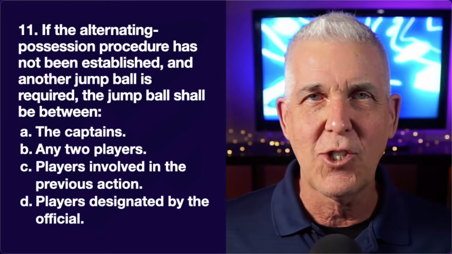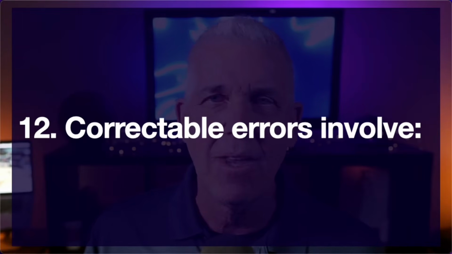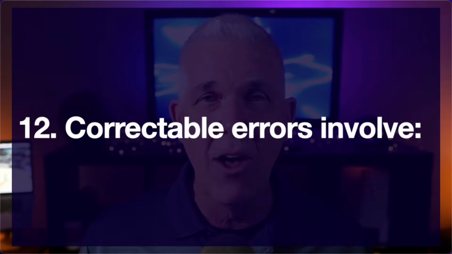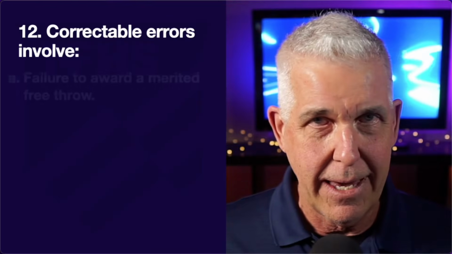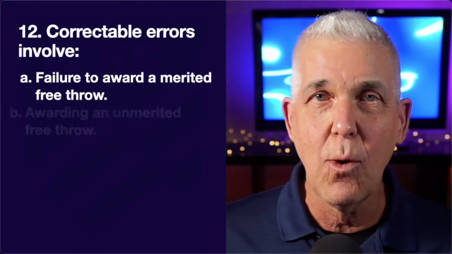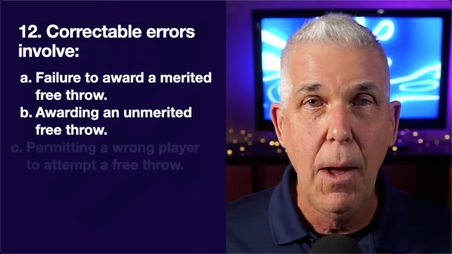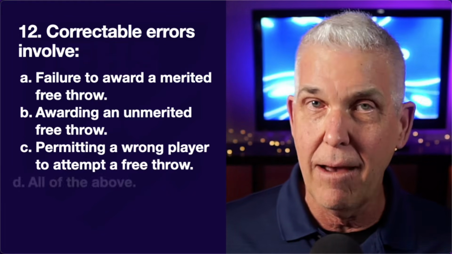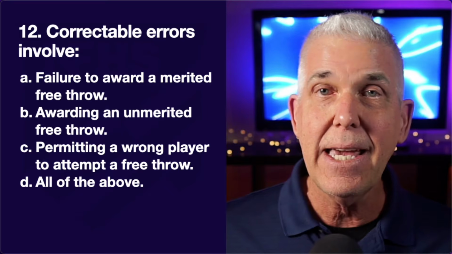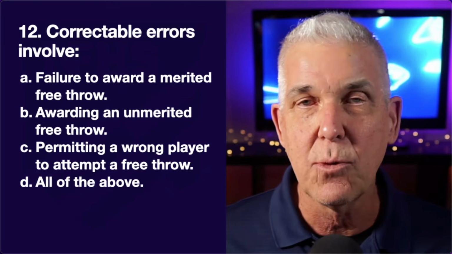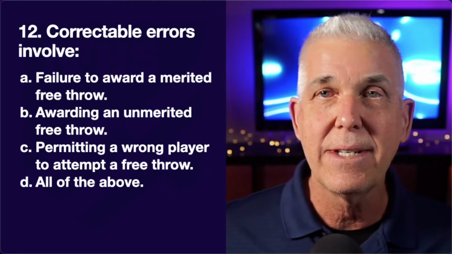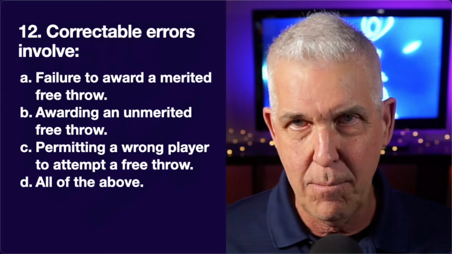Let's move on to question number 12. Correctable errors involve A, failure to award a merited free throw, B, awarding an unmerited free throw, C, permitting a wrong player to attempt a free throw, or D, all of the above.